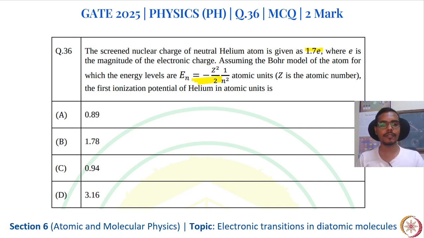We need to find the first ionization potential of helium, and remember, the first ionization potential is the energy required to remove the first electron from the neutral atom, taking it from the ground state to infinity. Mathematically, this is the difference between the energy of the final state, that is the helium plus ion, and the initial state, that is the neutral helium atom.